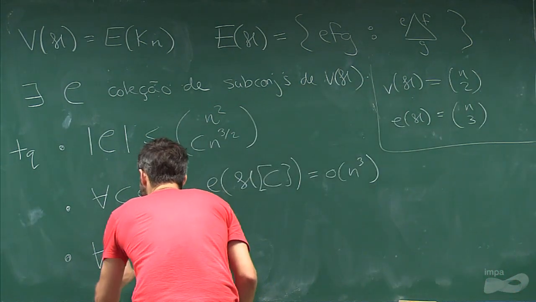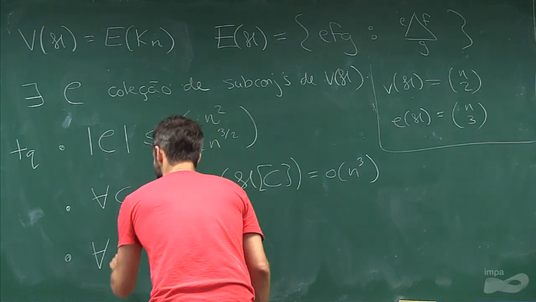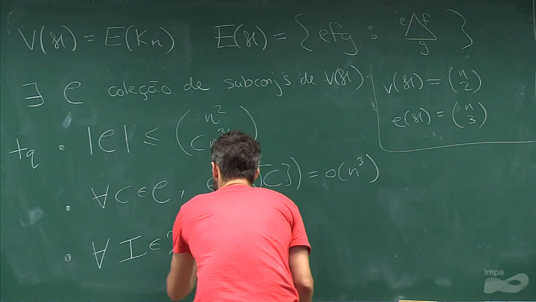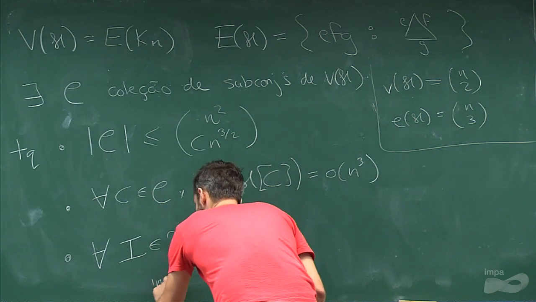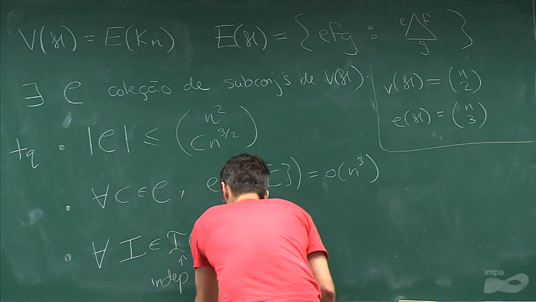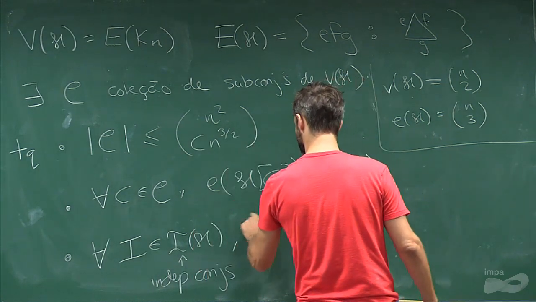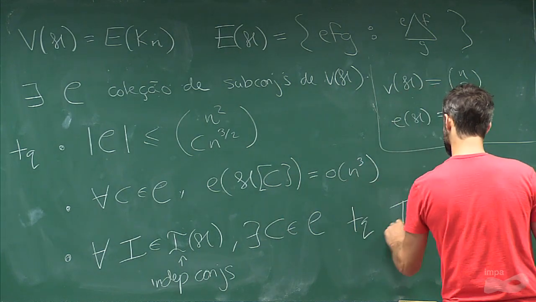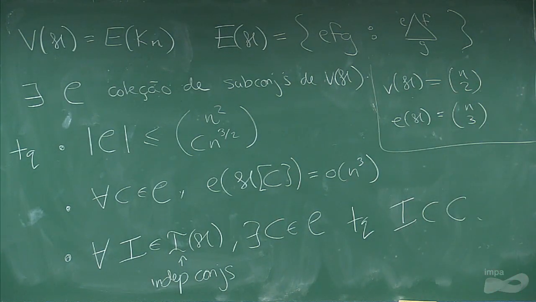So for every independent set I in H, these are the independent sets, there exists C in the collection such that I is contained in C. Right?